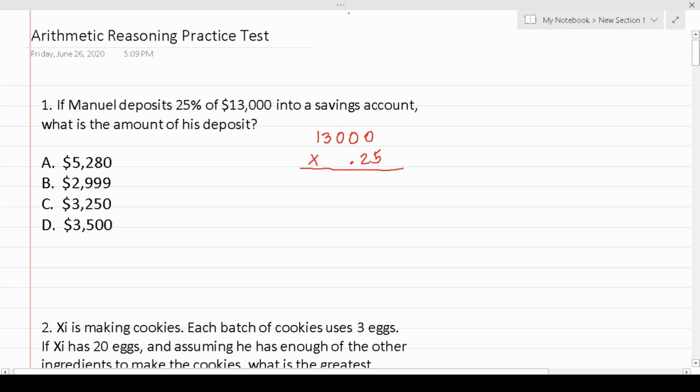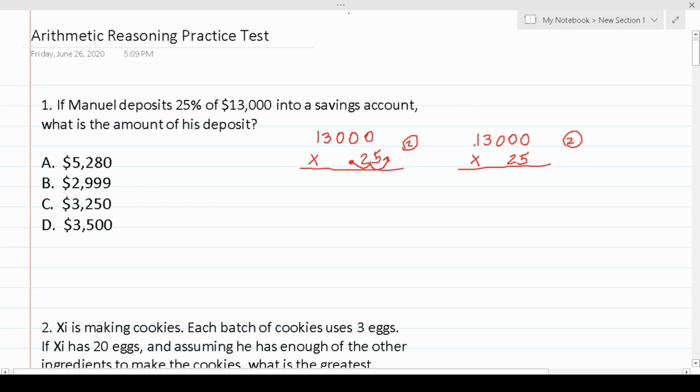In order to proceed, I'm going to take this decimal in 0.25 and shift it 2 times to the right to make 0.25 just 25. So in reality, I'm working this problem out: 13,000 times 25, albeit with 2 decimals to shift back to the left at the end. So again, this is how you do multiplication with decimals.